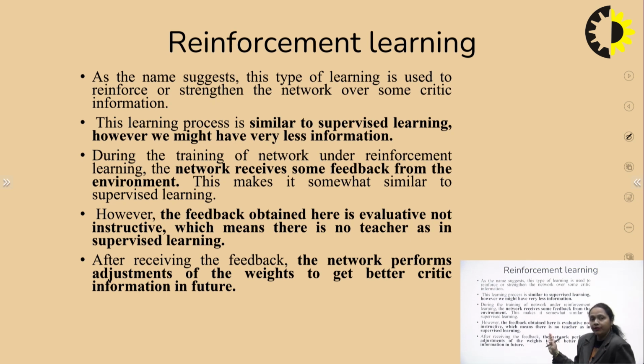Every time it receives a reward, it returns it to the system, and based upon that, the machine will recognize whether it has to follow the same step, keep that process for the future, or remove that step from the process. So that is the reinforcement learning process of ANN.